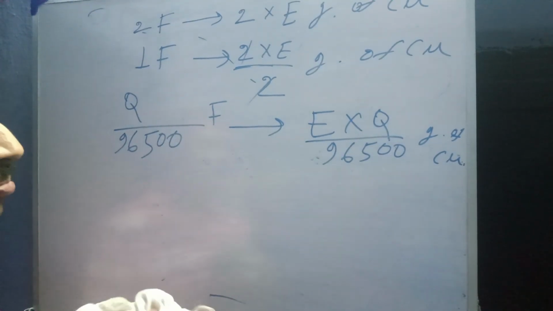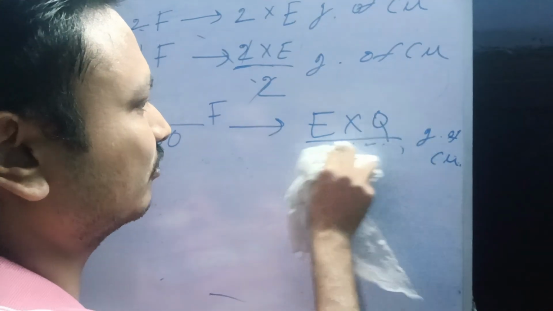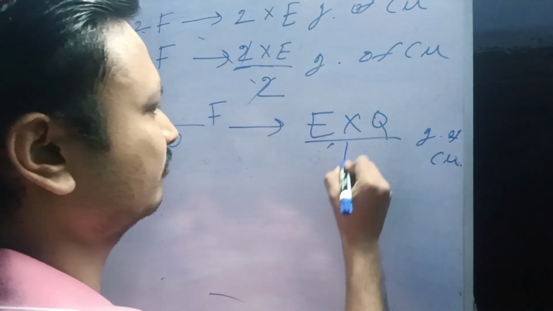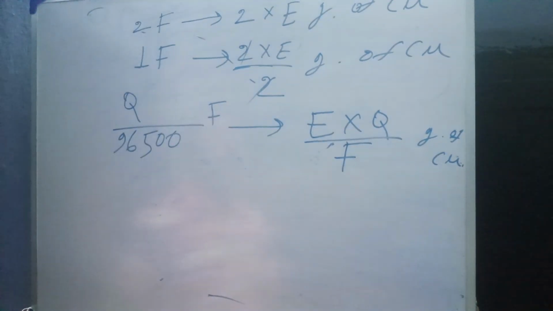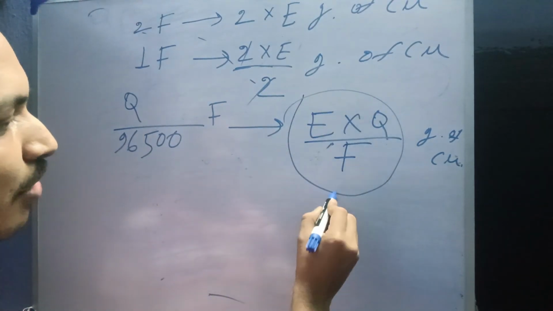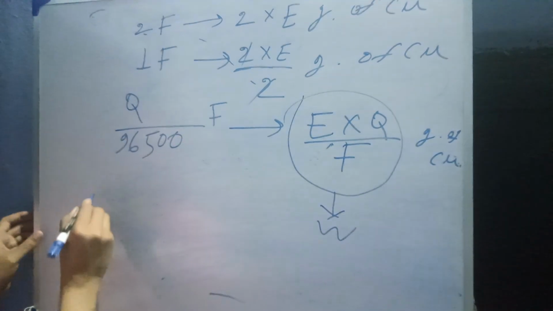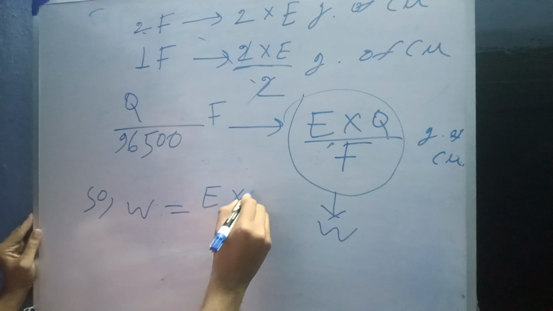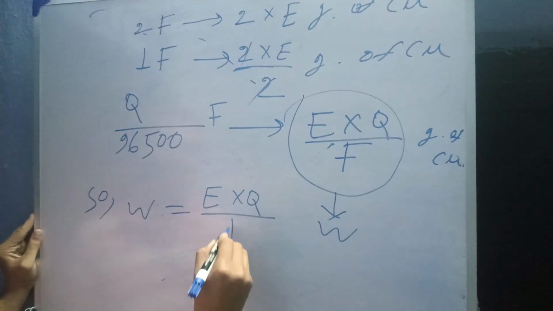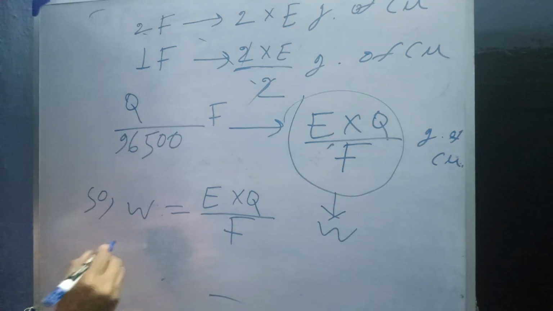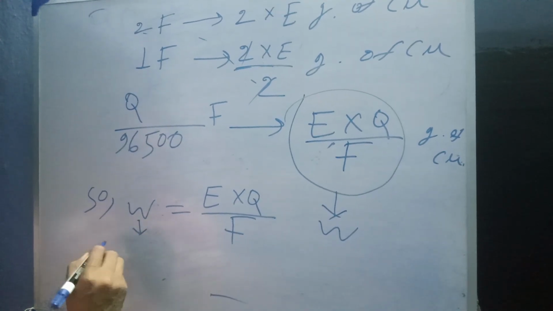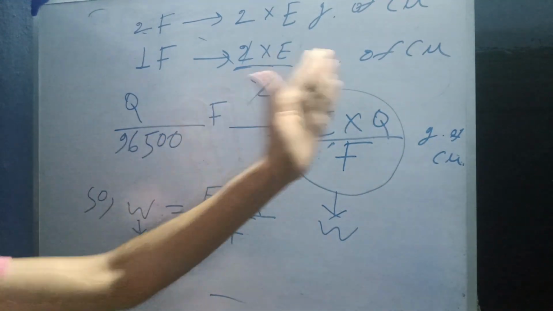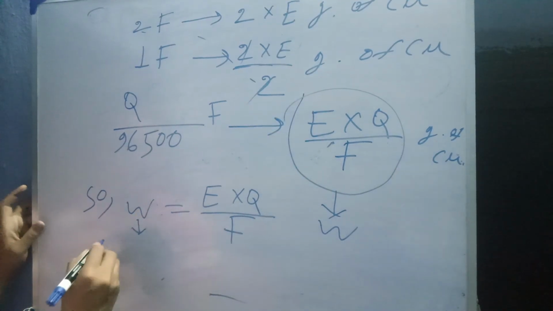Here we can replace this 96,500 by 1 Faraday, and this is called W. So W is equal to E into Q by F, where W is the amount of substance produced at the electrode, that is the cathode.